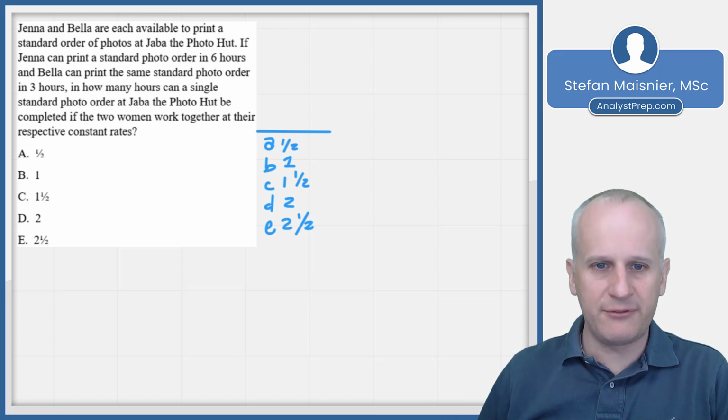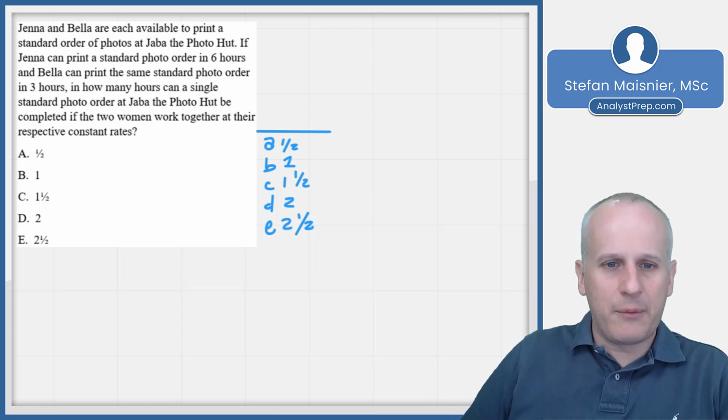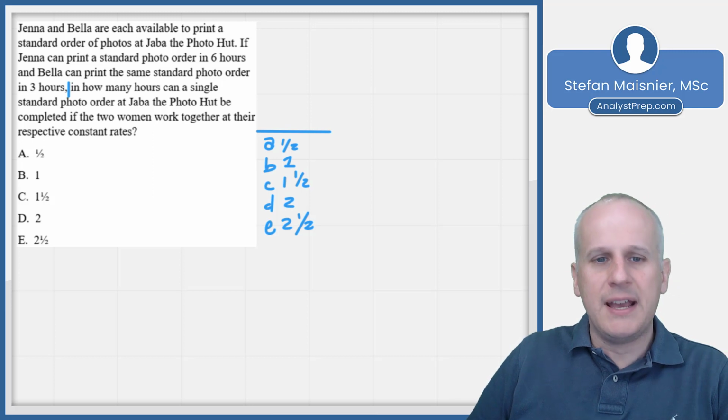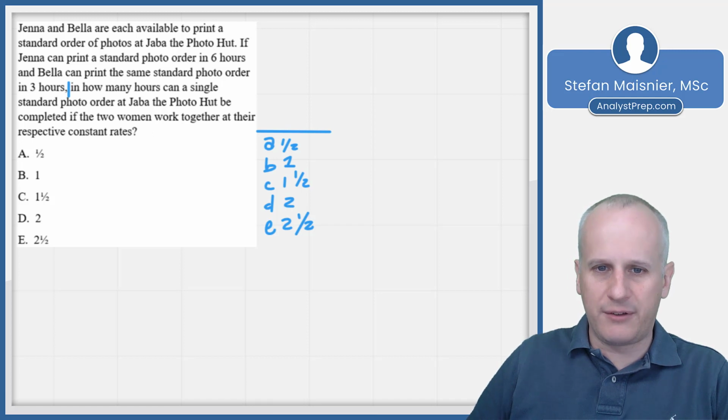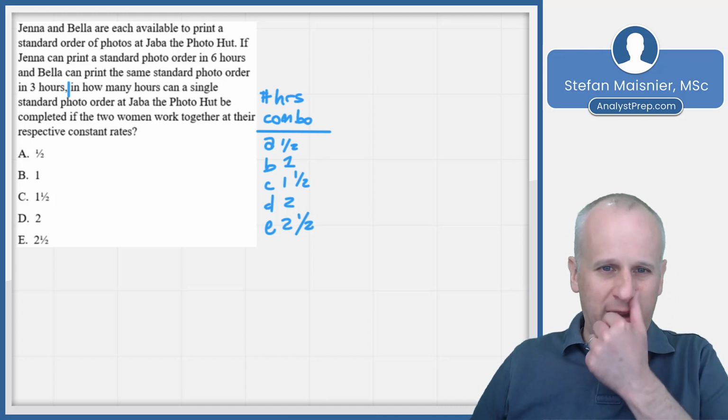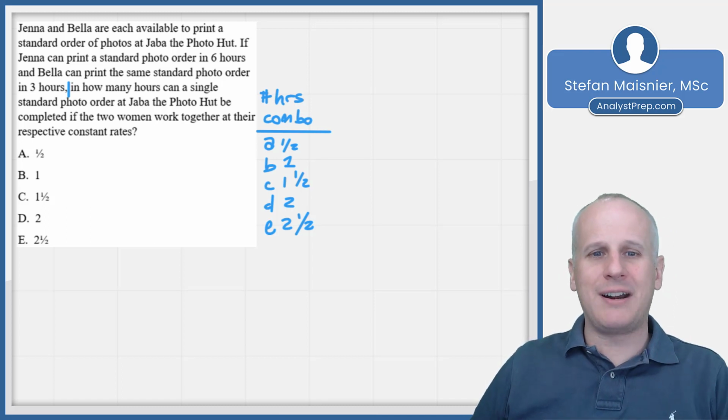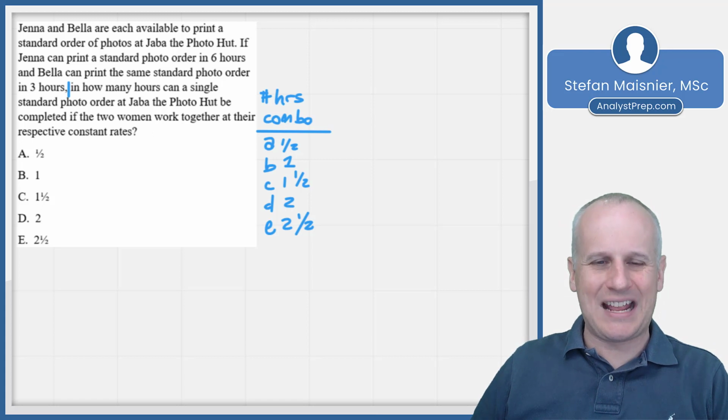But for now, we're going to skip to the end, and we can pick up after this comma. We see: in how many hours can a single standard photo order at Jabba the Photo Hut be completed if the 2 women work together at their respective constant rates? So we're looking for the number of hours combo, basically. We know from the beginning that Jenna and Bella are each available to print a standard order of photos at Jabba the Photo Hut.